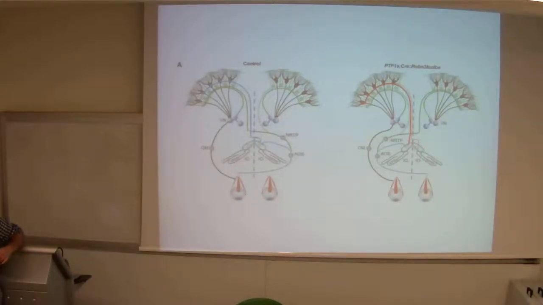The genetic modification removed the factor that allowed them to cross, so they stayed on the ipsilateral side. So that's the red line, which shows from the olive into the ipsilateral side, whereas the blue line on the left side shows crossing.